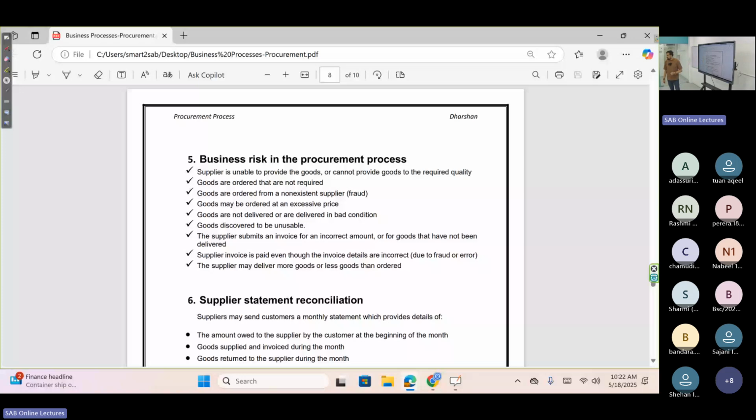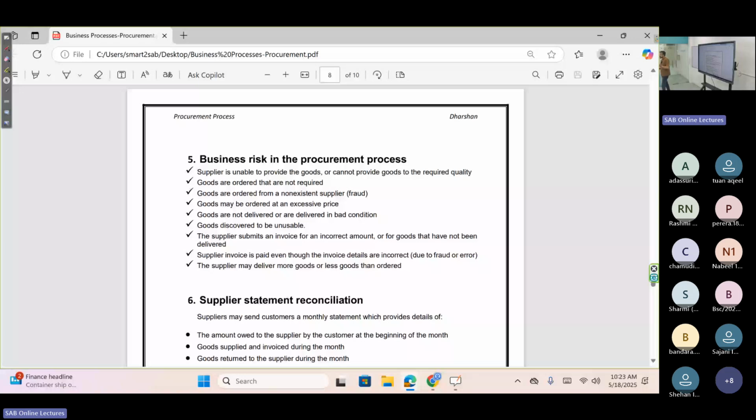Goods are not delivered. We ordered, but goods are not delivered. That is also a risk. Goods delivered in bad condition, so that is a risk. Goods discovered to be unusable. The supplier submits an invoice for an incorrect amount. Goods ordered for 100 quantities, received 100 quantities, but the supplier has issued the invoice for 120 quantities.